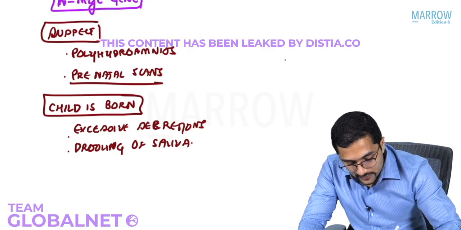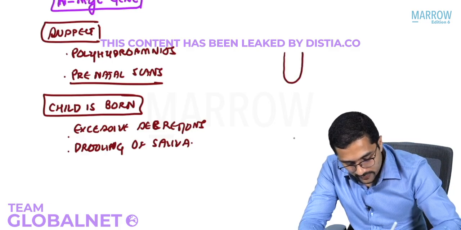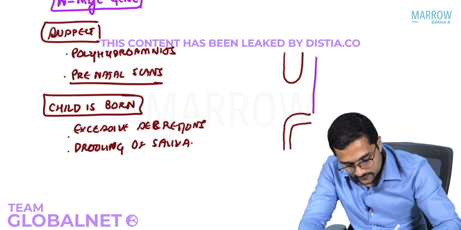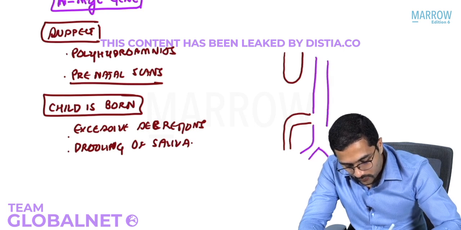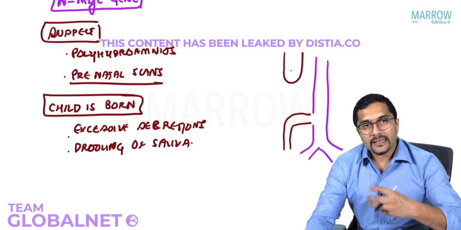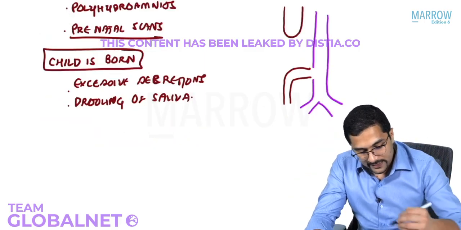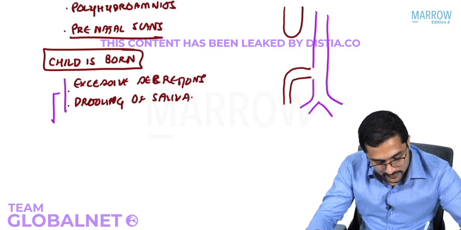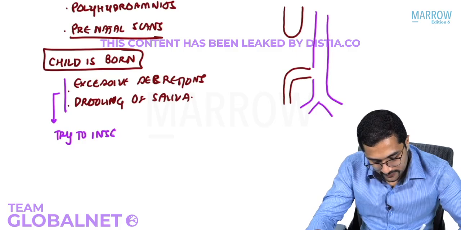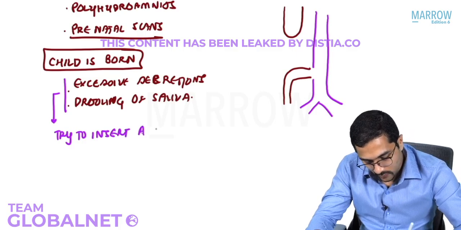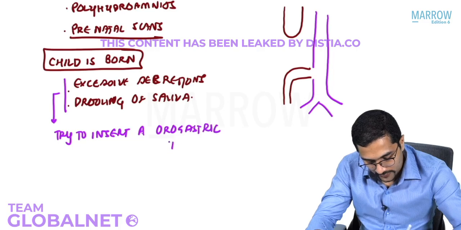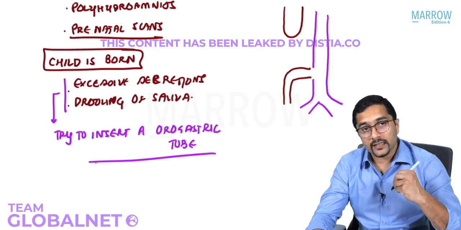And you know that this is the proximal end of the esophagus, this is the distal end. Because the esophagus is not patent, all the secretions are coming out through the mouth. And when there's excessive secretions, the pediatrician tries to insert an orogastric tube so that we can take care of these secretions.